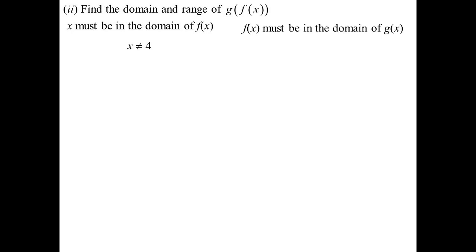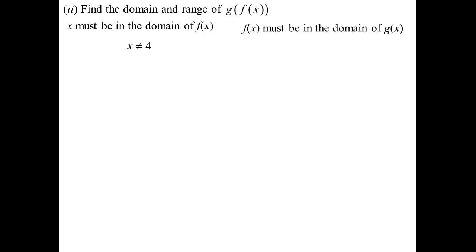Let's see what happens if we substitute f(x) into g(x). So remember, x must be in the domain of f(x). Well, if we have a look at f(x), 4 is excluded. So I know 4 is not going to be in the domain of my composite function. f(x) must be in the domain of g(x).